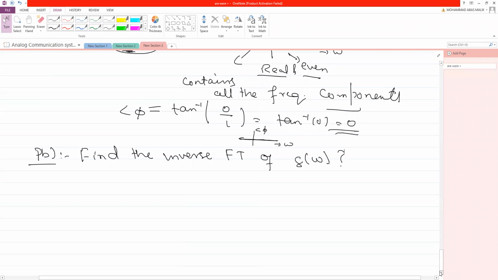This is your question. And the second one is: find the inverse Fourier transform of delta of omega minus omega naught. These two questions you do.